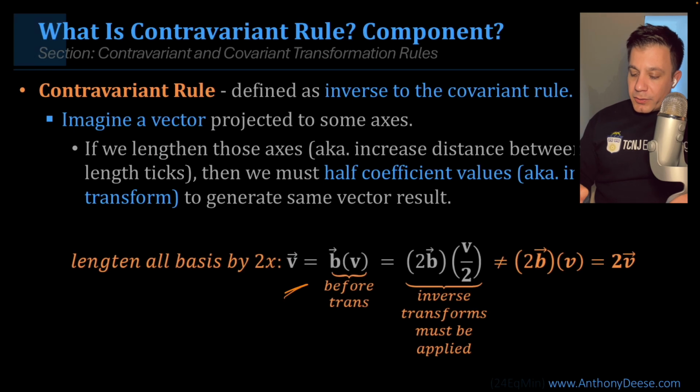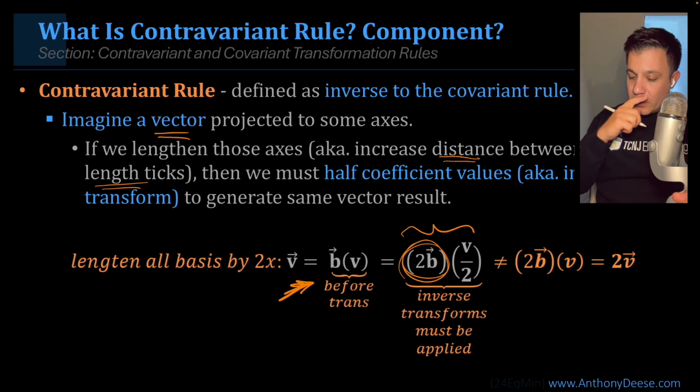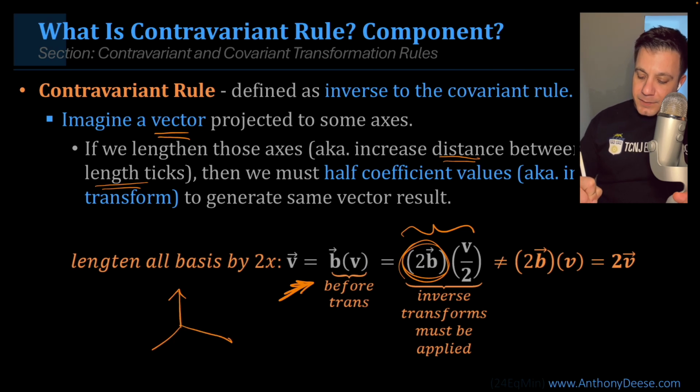And okay, that's what we're showing right here. Actually, I did the exact same thing. So if we imagine a vector projected to some axis, if we lengthen those axes, increase the distance between the unit length ticks, which is what we are doing here with the 2b, you can imagine what we're doing there is if we take this example axes where the length of these primal basis vectors is the unit length, and we extend it by 2, we get rid of that tick mark.